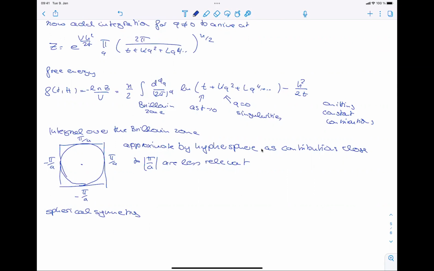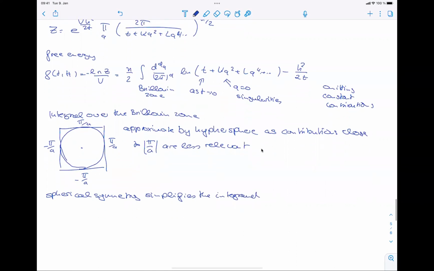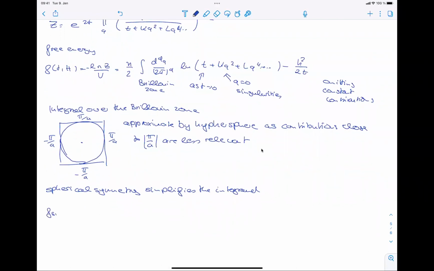So the spherical symmetry simply simplifies the integrand. And so then the free energy, particularly as approaching the singularity, I can write as n/2 times the d-dimensional solid angle factor.